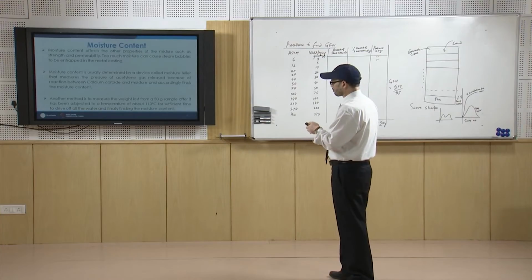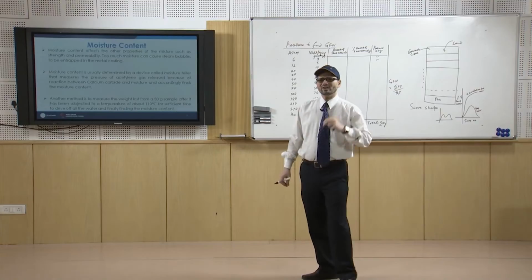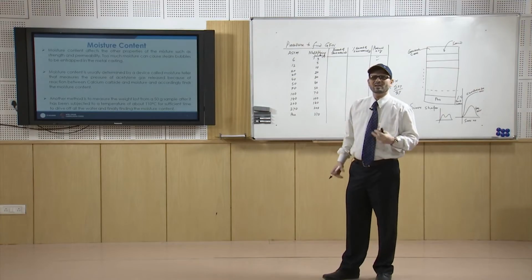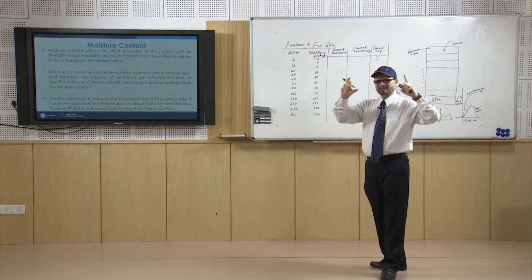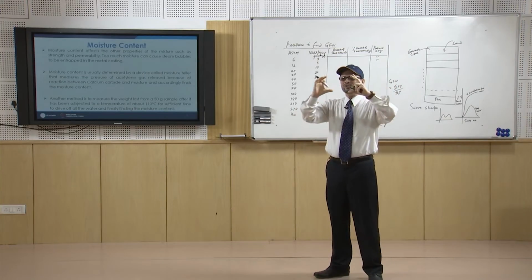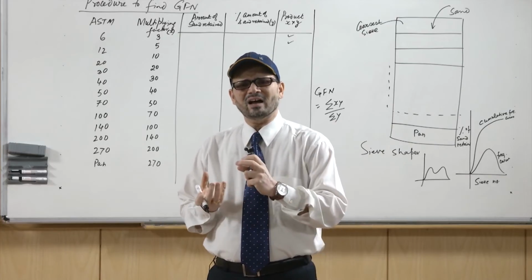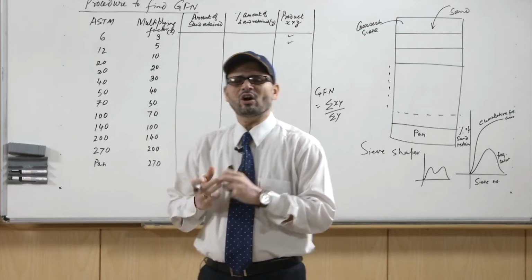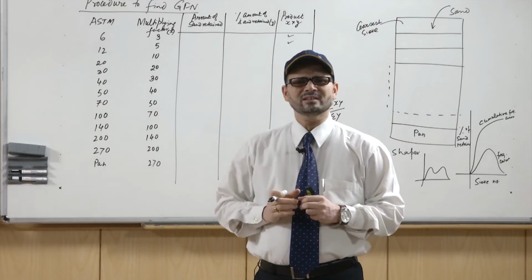It is determined by a device called a moisture teller. What is this moisture teller? Basically, you have a device in which molding sand is kept and calcium carbide, CaC2, is made to come in contact with the sand.